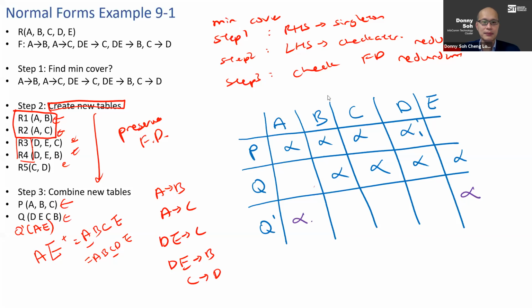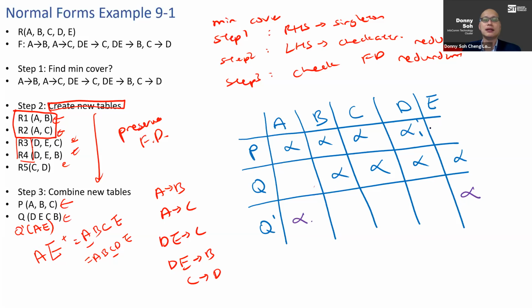Hello, the time is 9:23 and then we'll start. So before the break, we went through one example whereby we have two tables. One is ABC, the other one is DECB. And we realized that this decomposition actually is lossy.